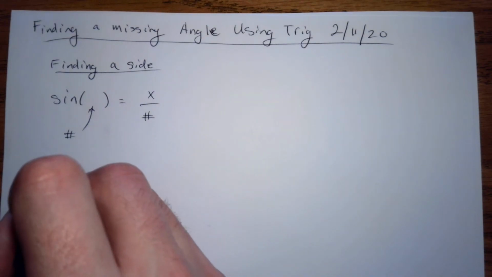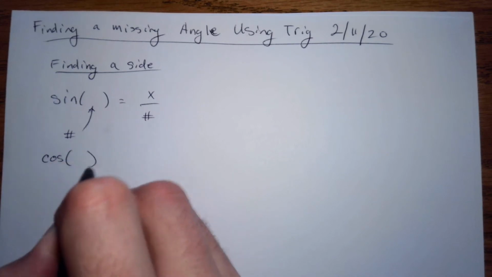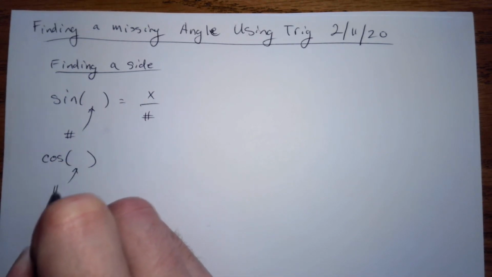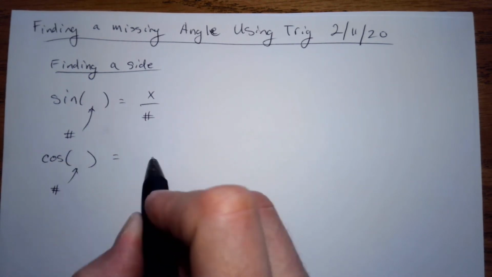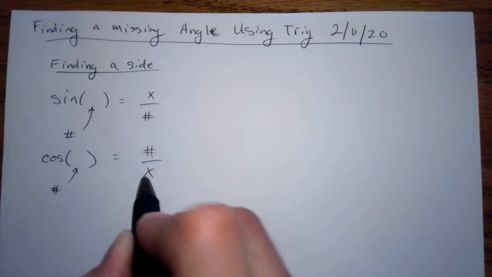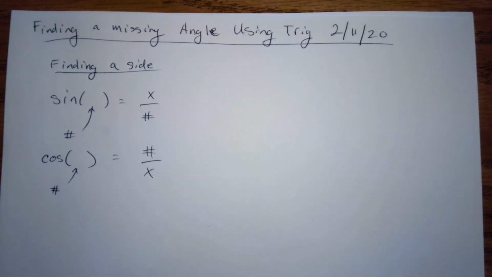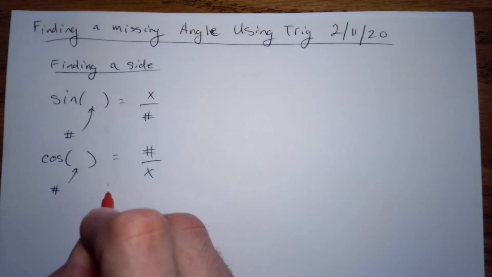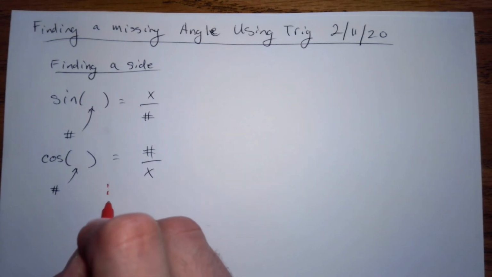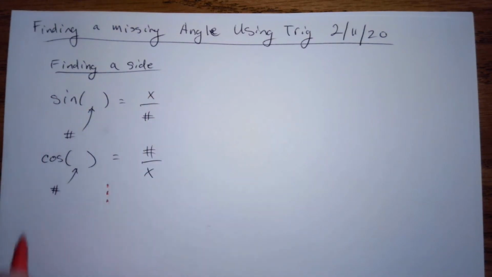Or we would maybe have cosine of something. Again, we're plugging in an angle there, and maybe we have some number over x. Or tangent, we could use tangent as well. But this is for finding a side.